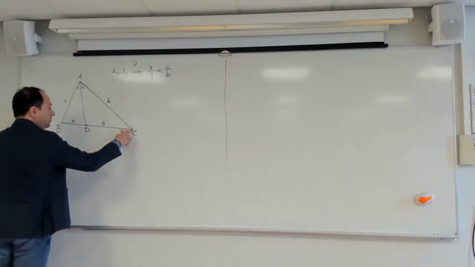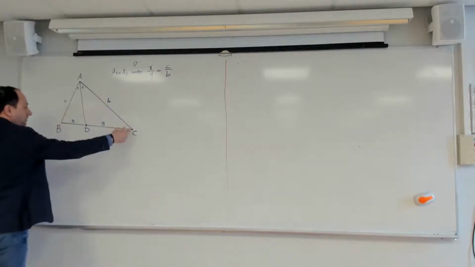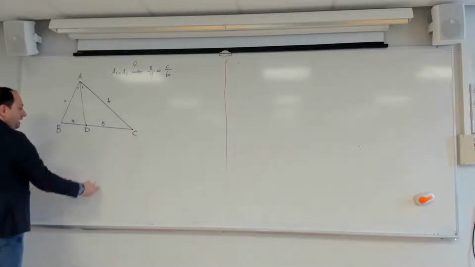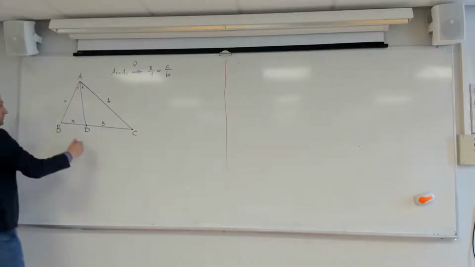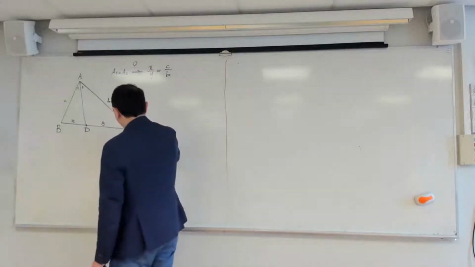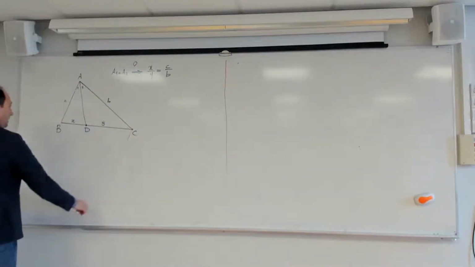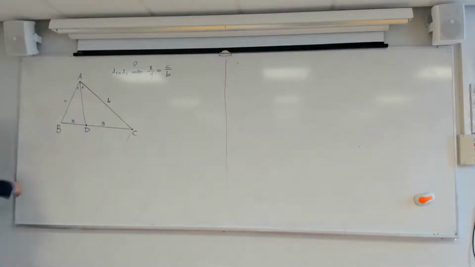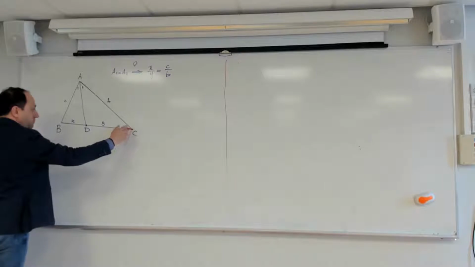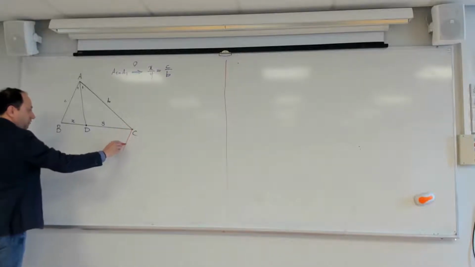So if I choose this point, I draw a line which is parallel to this side. So hopefully it seems parallel, I don't know. But I just draw this line to be parallel to this line. This is at least my intention, even if it doesn't work that well.